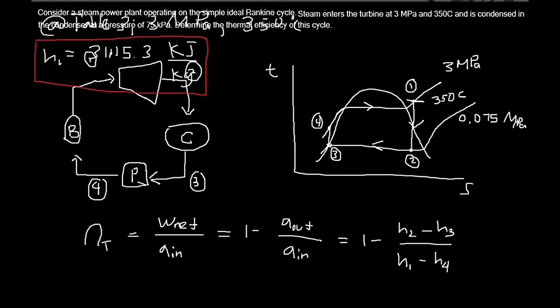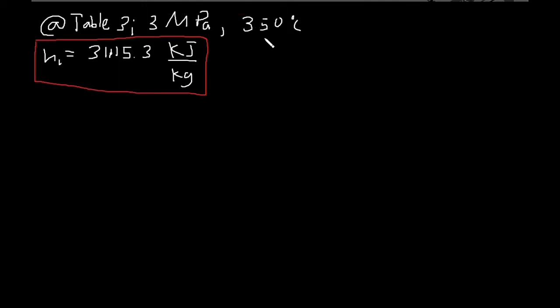So let's get that from the same table. S1 is equal to 6.7428 kilojoules per kilogram Kelvin.